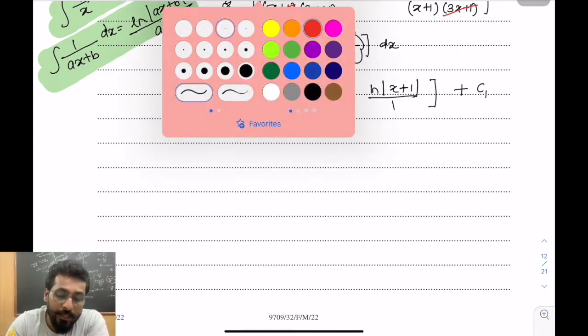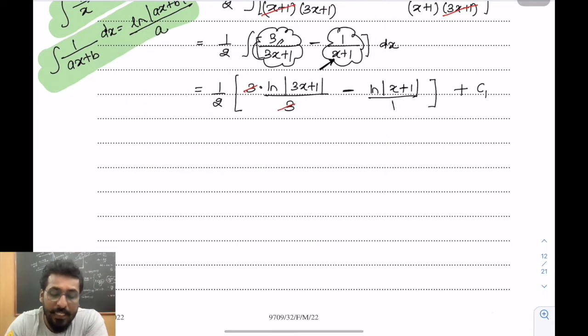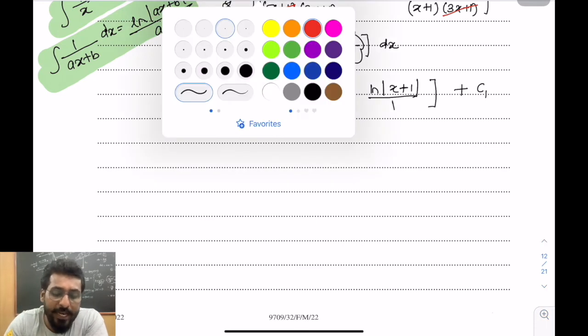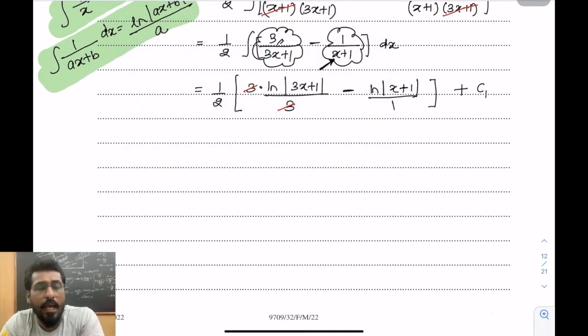I can again very well see that the 3 and the 3 will get cancelled. It's ln of 3x plus 1 minus ln of x plus 1. Does it not look like ln of a minus ln of b? And you all know that ln of a minus ln of b is ln of a over b.